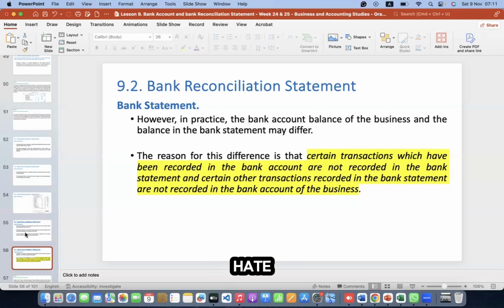The reason behind that is some transactions that we record in the bank account might not have been recorded in the bank statement. අපි bank account එකේ මොන හරි දේවල් ටික අපේ පැත්තෙන් record කරා but it's not been recorded from the bank side. Whereas the other reason, bank has recorded some transactions in the bank statement where I have not recorded in my bank account of the business in my ledger accounts.